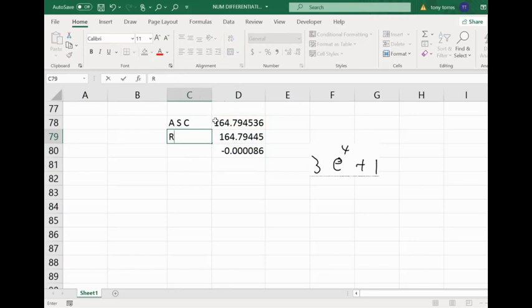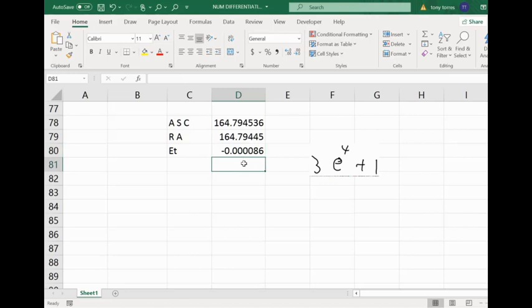Let's put the real area. And finally, this is the error, what we call ET, the truncation error. That was perfect. 0.000, this will become a 1, and that will do. That was perfect. I mean, that's textbook. We got it.